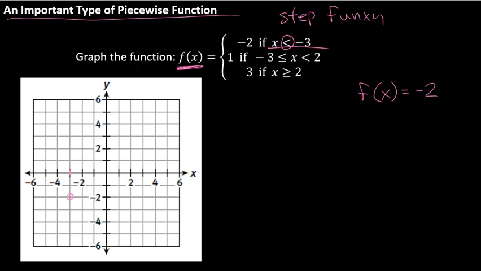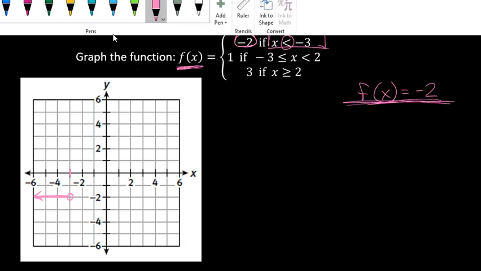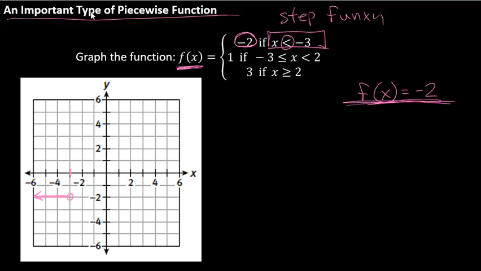It's going to be an open circle, and it's just going to look like this. It's constantly, keyword there is constantly, going to look like this. It's going to be a horizontal line because f of x will always be, constantly be, -2, given this domain restriction.